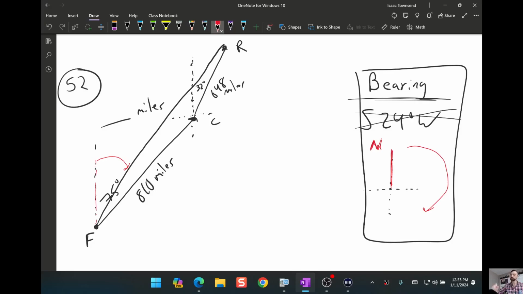Of course, there's a lot of different ways you can look at this. You see this 75 represents all of this. Personally, anytime I hear bearings, I know I'm going to have north-south lines, which are guaranteed to be parallel. And then just like last semester, if you've got two parallel lines, you can think of any line that intersects them as a transversal.